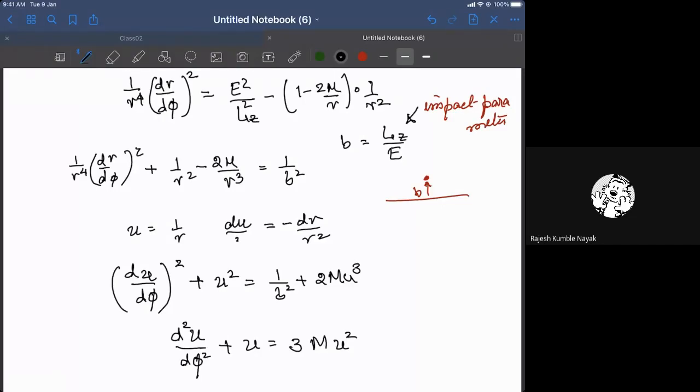This is a bit of an ugly calculation, but it is not as ugly as the previous one. So here, again, we have the first term and the second term, which is a nonlinear term. So we have to solve it in a perturbative way.